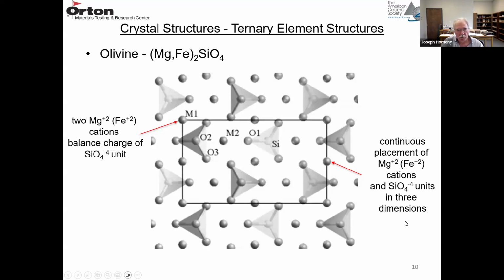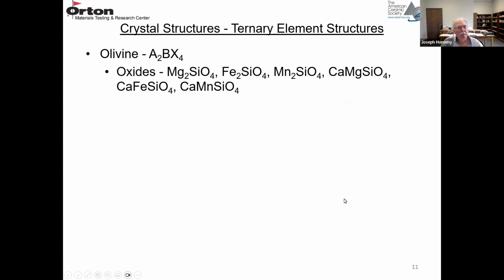So this is a 3-dimensional structure. You have a continuous placement of the Mg+2 and Fe+2, that would be at these sites M1 and M2. These cations are placed between the SiO4 units in 3 dimensions, and the charge balances. So these structures are getting more complex.